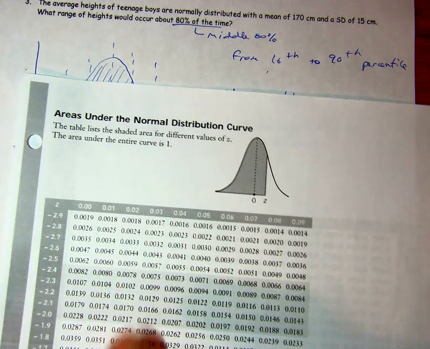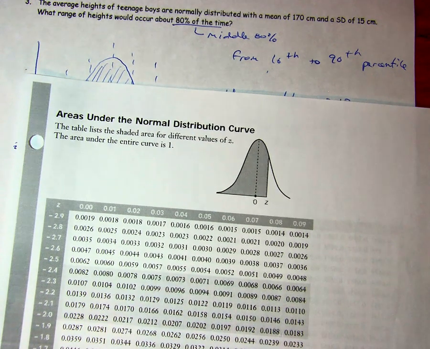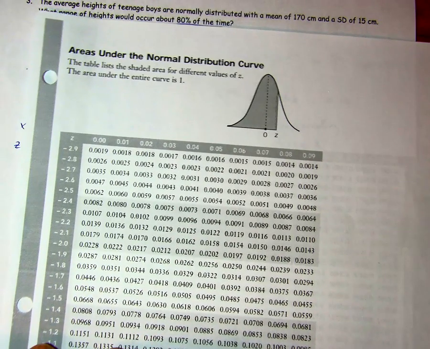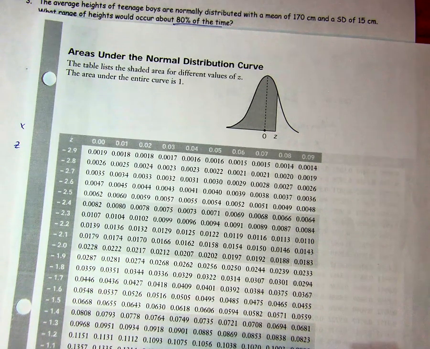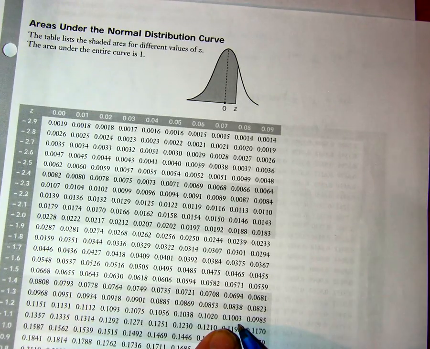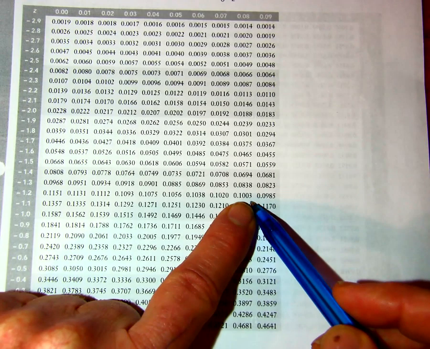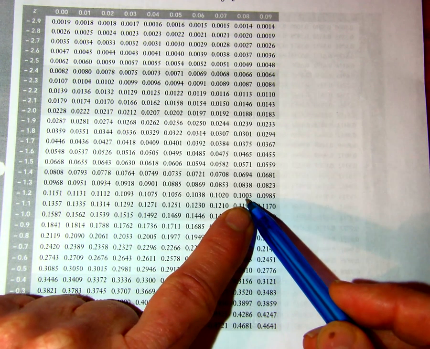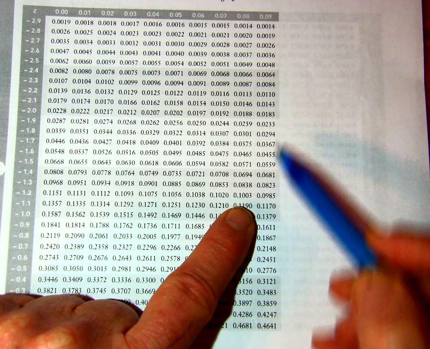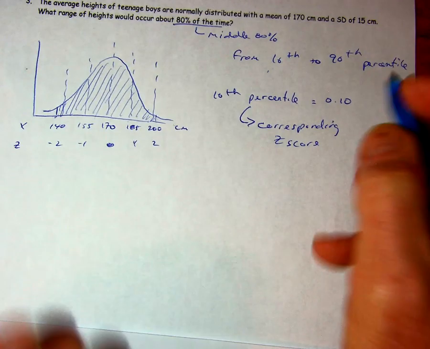Oh yeah, here I am. This is 0.01. Yeah, 0.1 is over here. Which one's the closest one? Right there, I guess. That's closest to 0.1. So that's going to be minus 1.28 as the corresponding z-score.